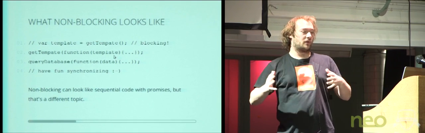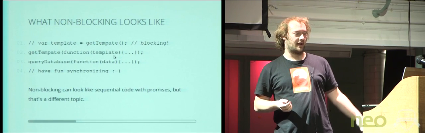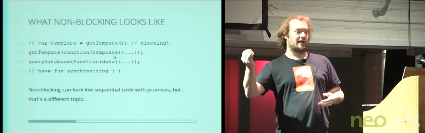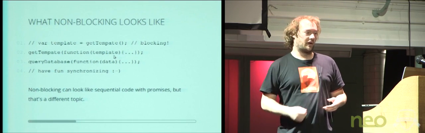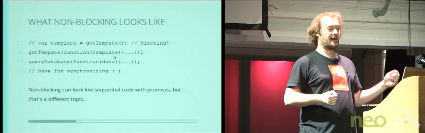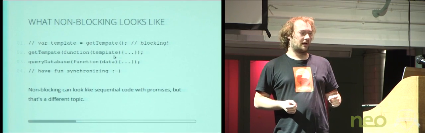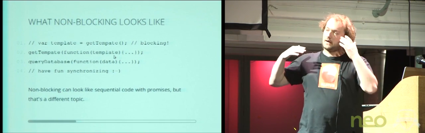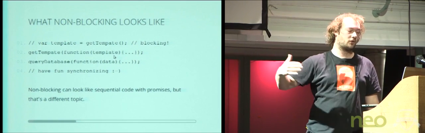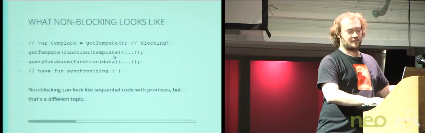It should follow a pattern like the second and third line, where you call a function and you give it a callback that's going to be called whenever the data is back, either from disk or from the database or from the network. Asynchronous code could look sequential with promises. That's a different talk, but that's in theory possible.